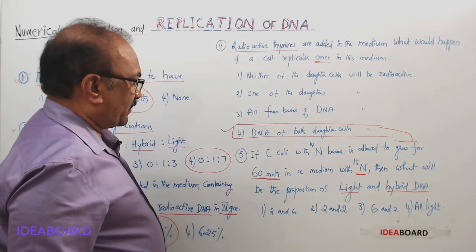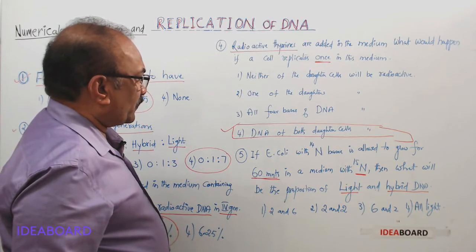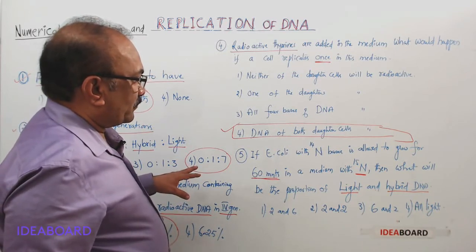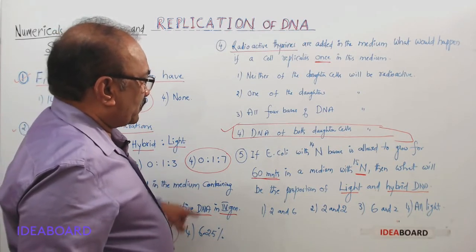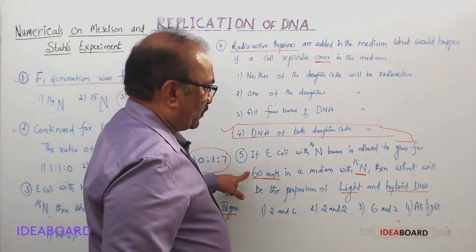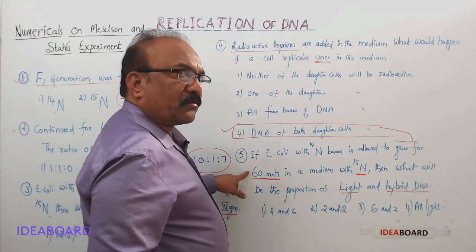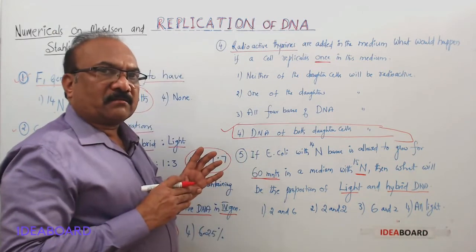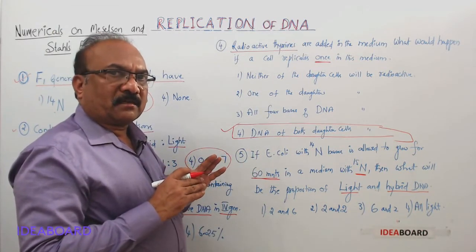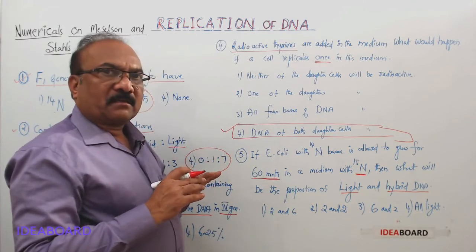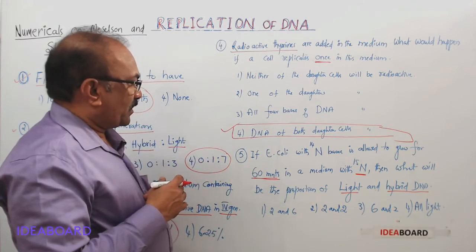Light and hybrid DNA. 60 minutes, how many generations? 20 minutes first generation, 40 minutes second generation, and 60 minutes third generation.